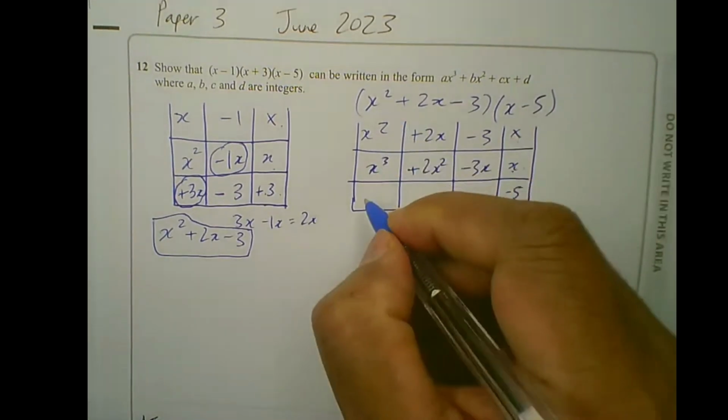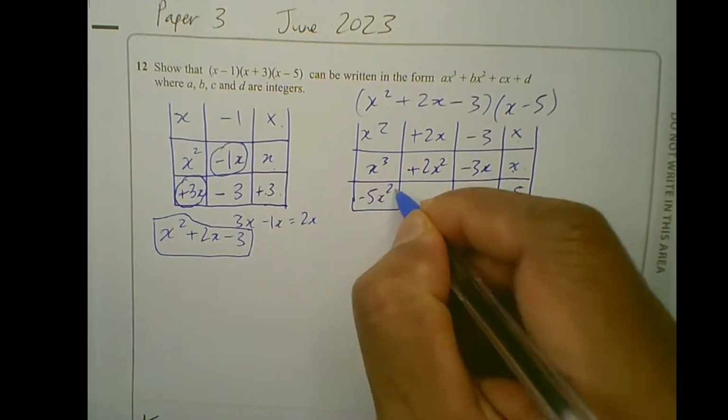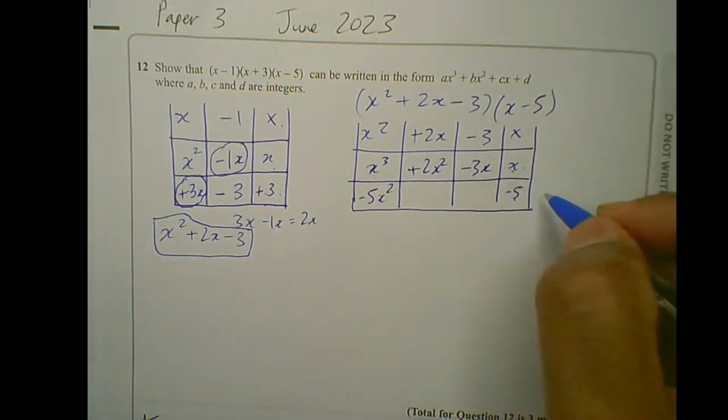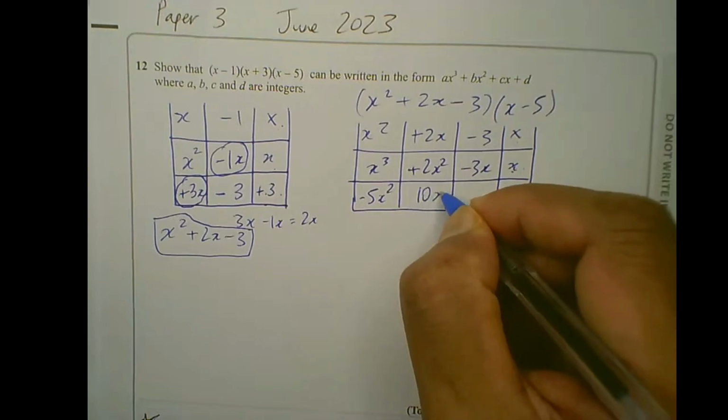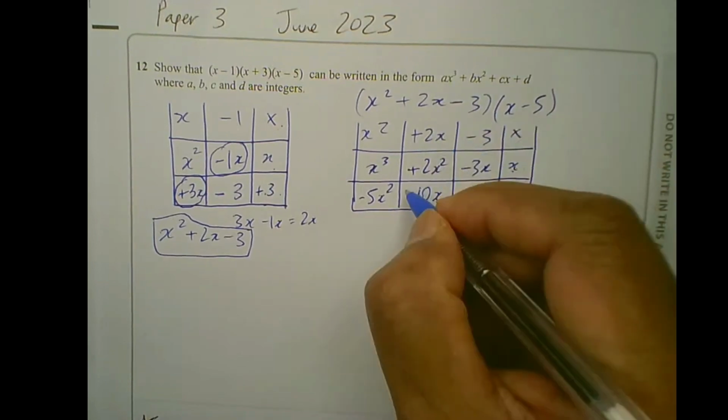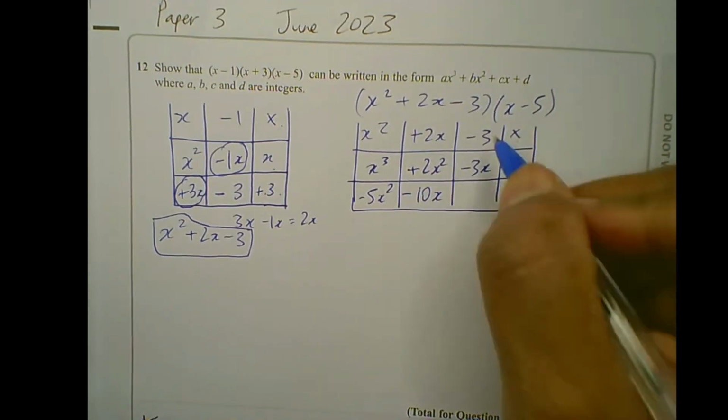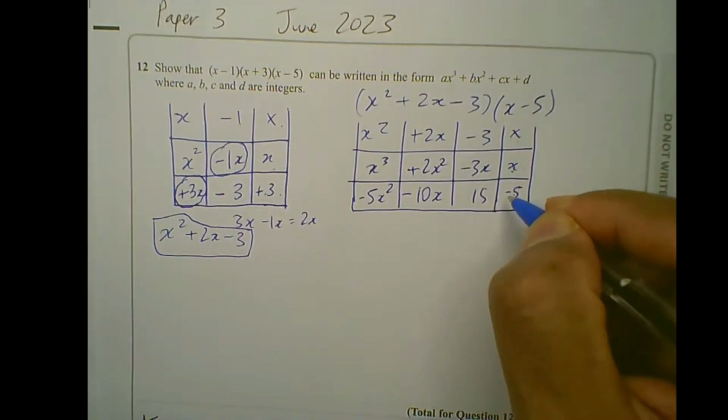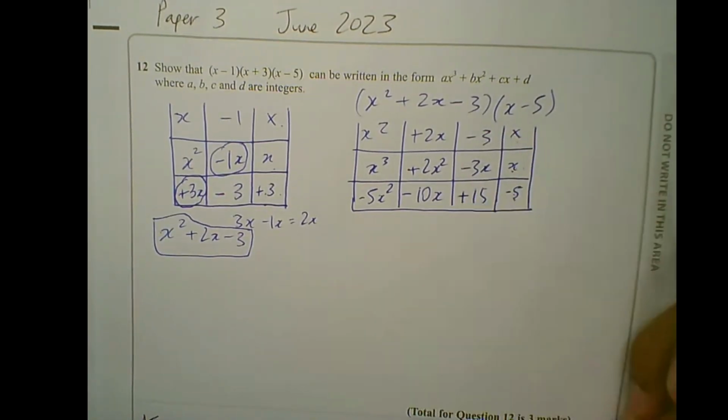Minus 5 times x squared is minus 5x squared. Minus 5 times 2x. So we've got 5 times 2 is 10, a negative and a positive is a negative. 5 times 3 is 15. A negative and a negative gives me a positive.